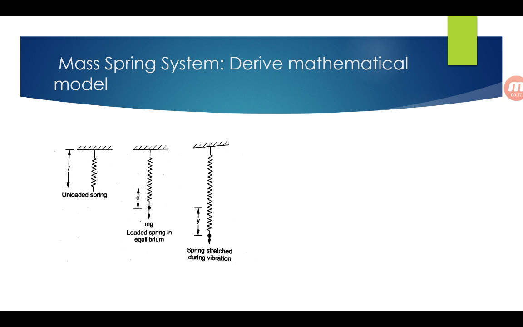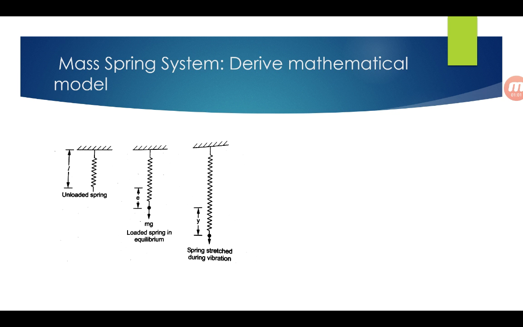Consider the spring whose one end is attached to a rigid support. For example, say that one of the ends is attached to a ceiling or beam and its lower end is set to free. To the lower end now we'll load some weight.